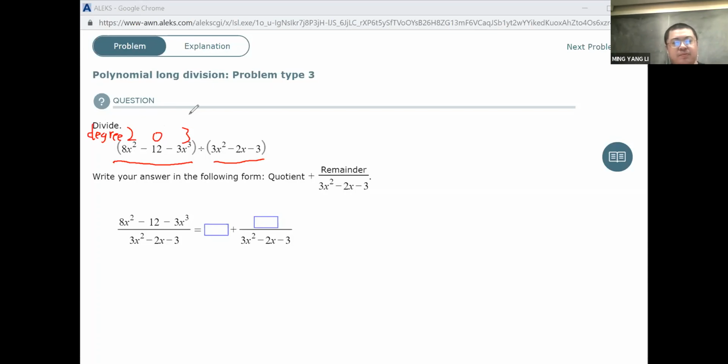So to solve a long division problem in general, the first thing you should do is rewrite this in the perfect form, which is 3x cubed, degree 3 term.